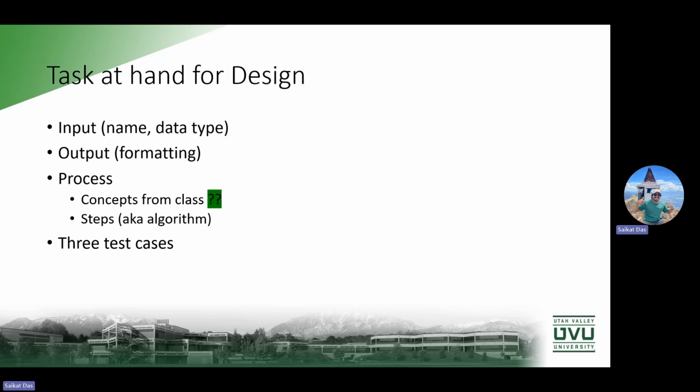Any question about the input and output process here? No? Okay. What is the third part? Processing. How you can convert an input to an output. This is the processing, right? Then it comes to what concept you can use from your class. What concept? Anyone?